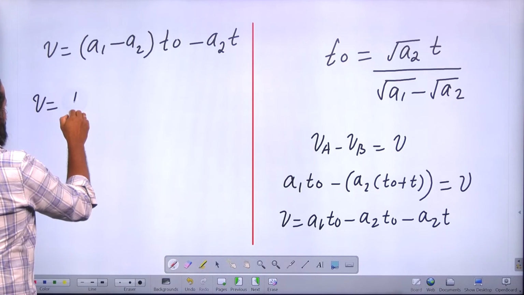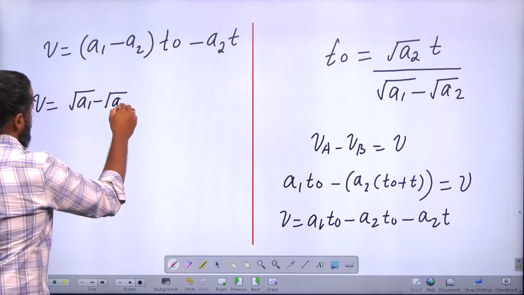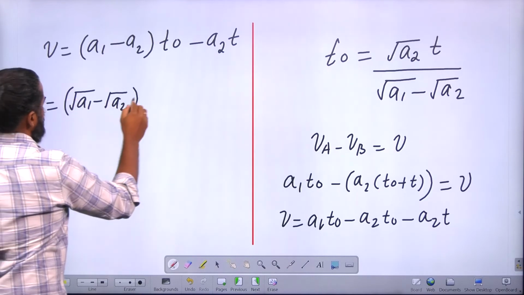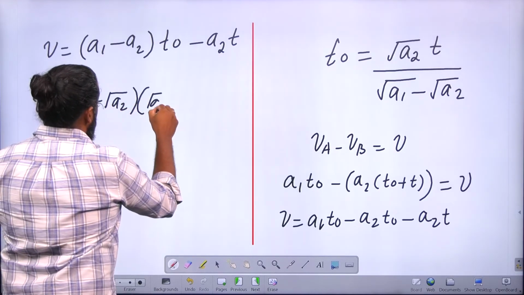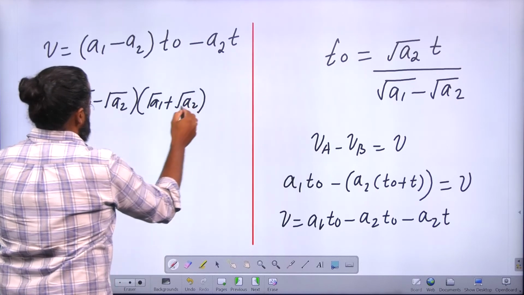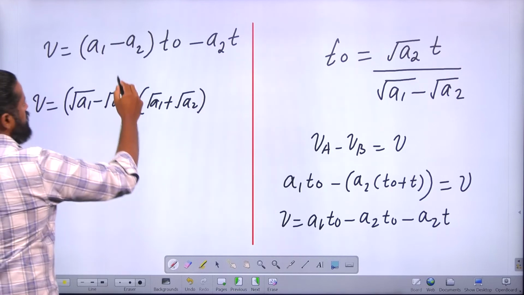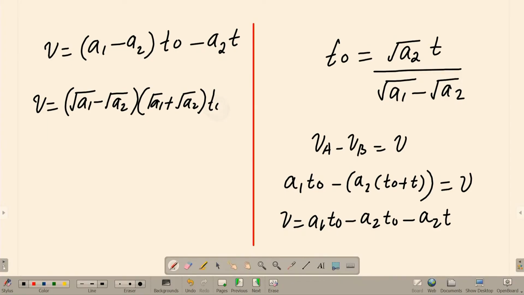I can always write a1 minus a2 as root of a1 minus root of a2 multiplied by root of a1 plus root of a2, because a plus b into a minus b is a square minus b square, so here a1 minus a2 will come, multiplied by t0 minus a2 t.